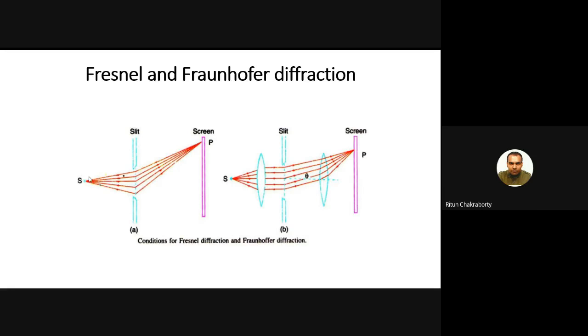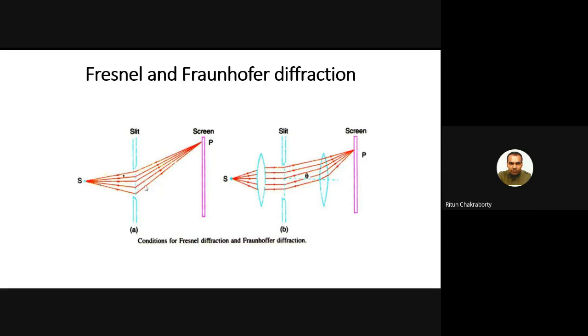And one more difference is that here the incident wavefront is generally spherical, but here the incident wavefront is plane, and therefore the phase of different portions of the wavefront is the same, but here the phases of different portions of the wavefront are different. Why different?